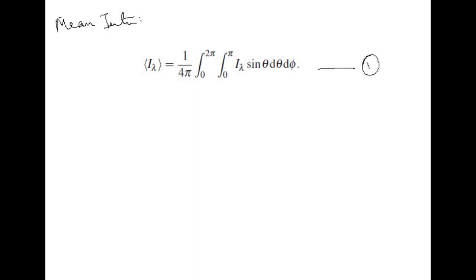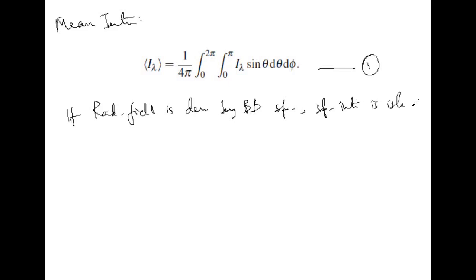Now if the radiation field is entirely described by a blackbody spectrum, then what will happen? What about the specific intensity? Of course, this specific intensity is isotropic. We know this from blackbody, and as a result we will have this relationship: the average is equal to just I lambda, and this is equal to B lambda.